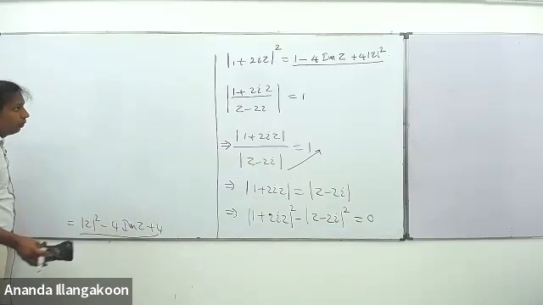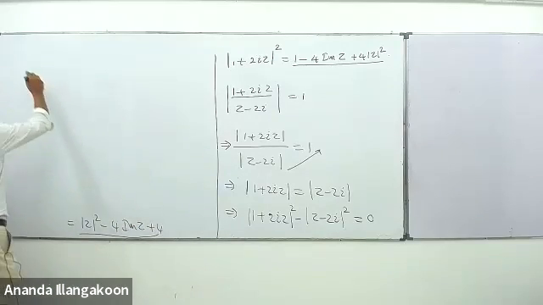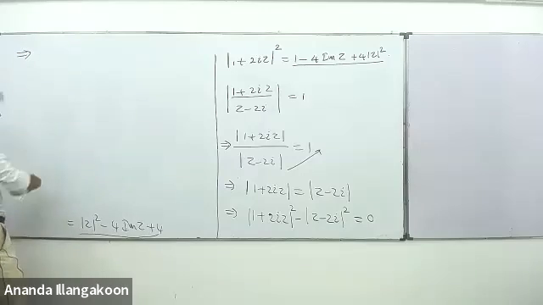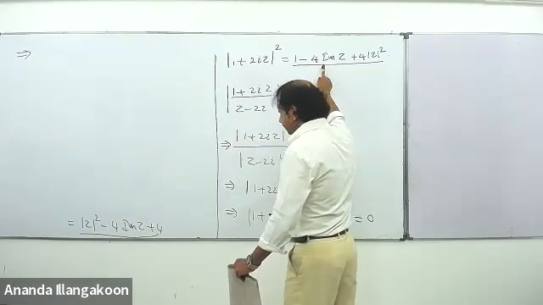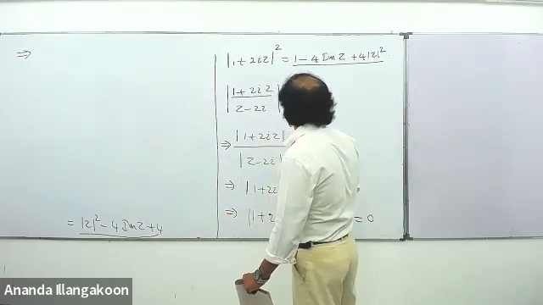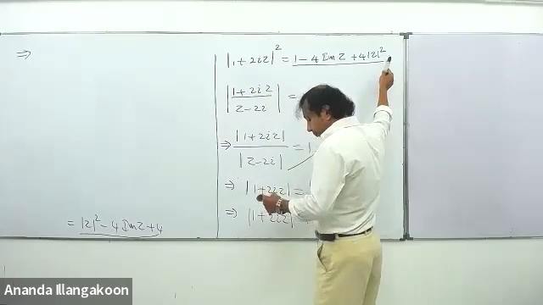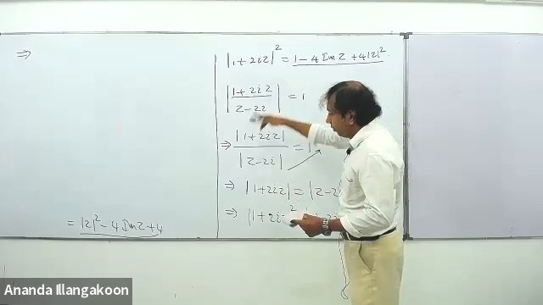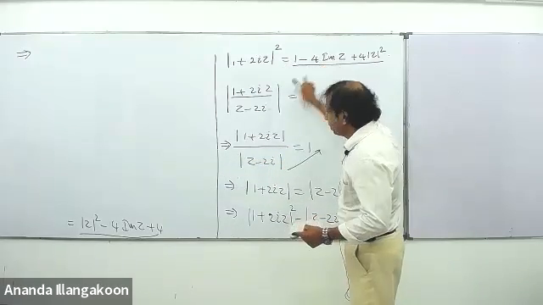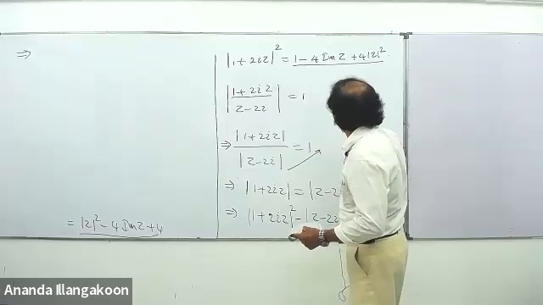Okay? Then, people, again we can write this way. It implies this minus this. So what happens here? We get 1 minus modulus squared. These middle terms get cancelled, no?